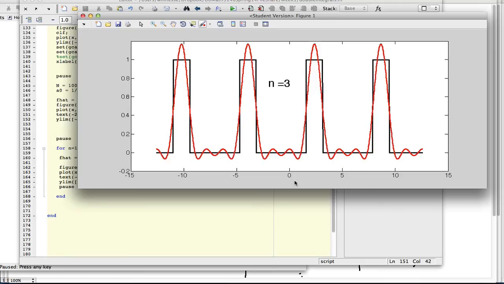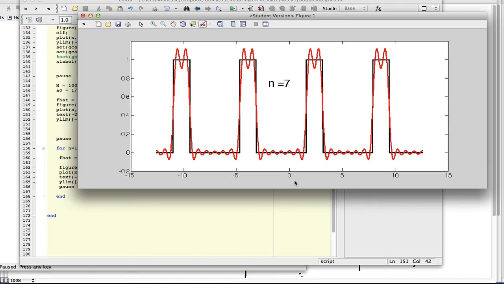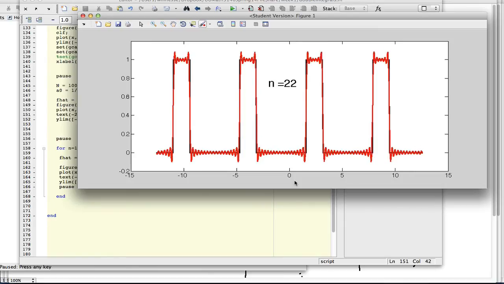Things are getting a little tighter. n equals 2, 3, 4, and so on, up through 28. And we can keep going.